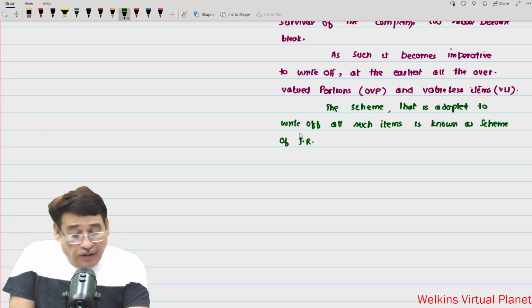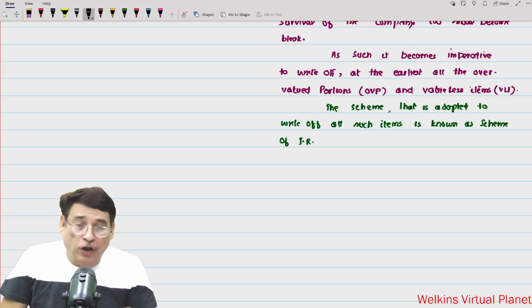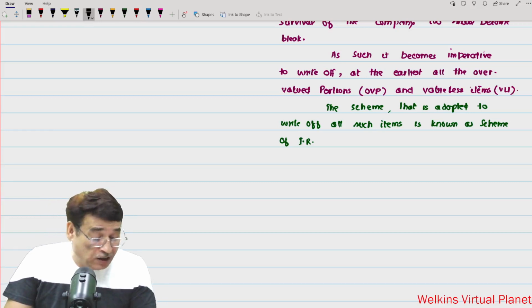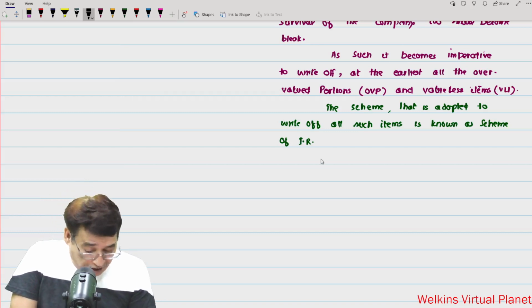So in brief, we may say that internal reconstruction scheme is basically adopted to achieve two important objectives, as I've already told you, to somehow clear out overvalued portion and of course valueless items.